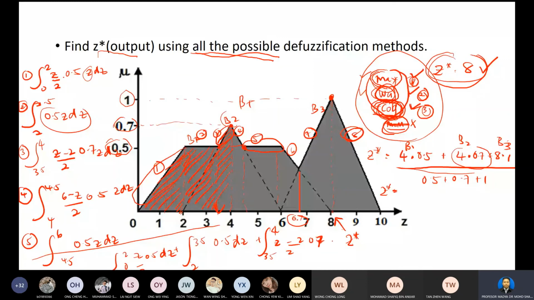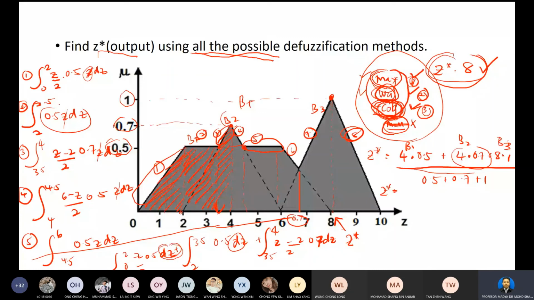You can see we cancel the z for the denominator, so only dz here. The equations will be the same, we have 8 equations, equation number 1, 2, 3, but for the denominator it will only be dz.